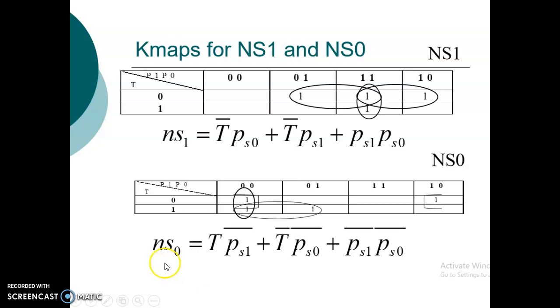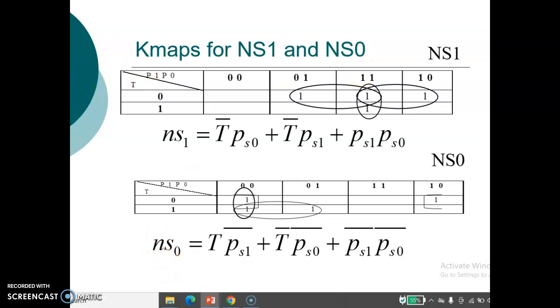So we got NS0, next state 0, equal to T PS1 bar plus T bar PS0 bar plus PS1 bar PS0 bar.